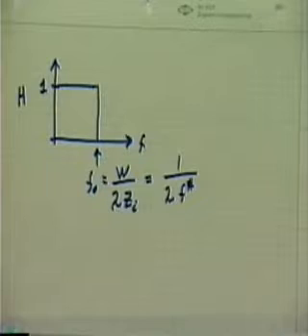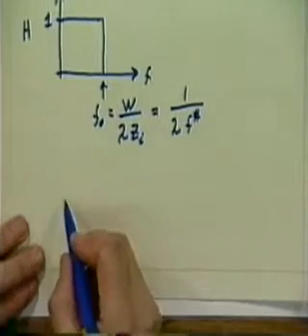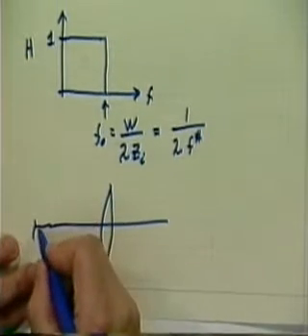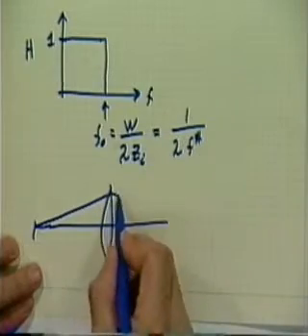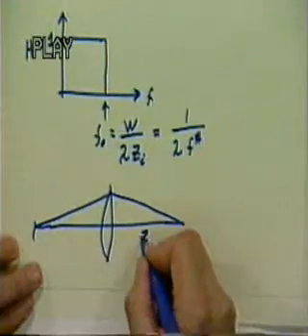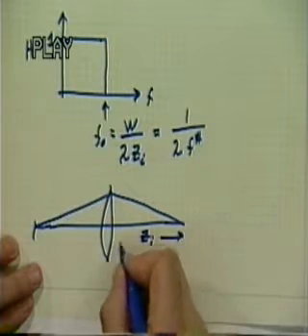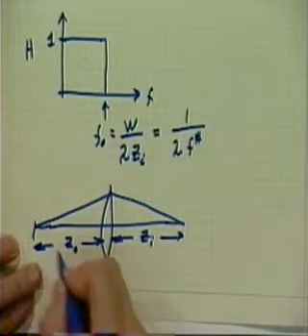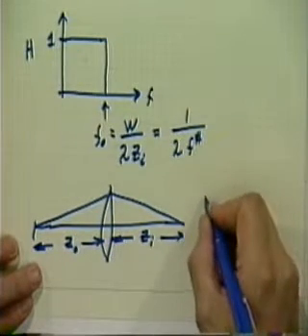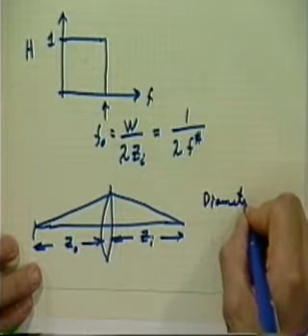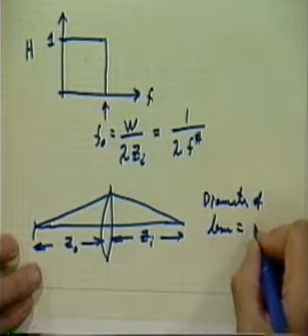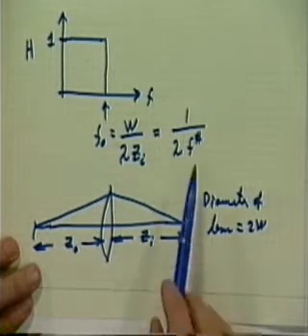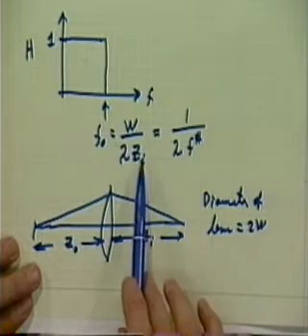Well, that's the f number of the converging beam. So we have a lens here forming an image of something, z sub I away. And the object was the distance z sub O away. And the diameter of the lens is equal to 2w. And so the f number of the converging beam is what I just call f number, z sub I over w.